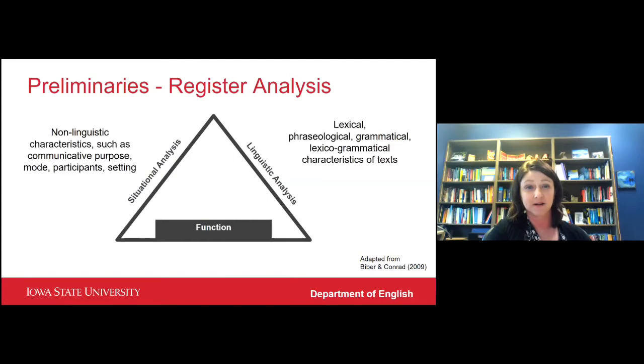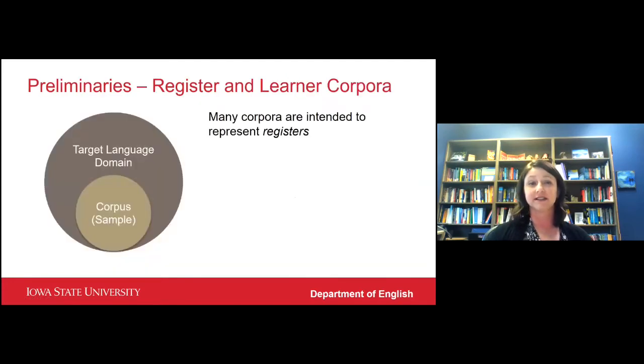Now, we might wonder, what does register then have to do with learner corpora? When we talk about corpora, I think many of us would recognize that many corpora are intended to represent registers. So we have some target language domain like newspaper writing. And then we have our corpus, which is a sample of text that represent that target domain. It's not typically every text that belongs in that domain because we can't study that. And so instead we take a sample that is intended to represent that target domain.